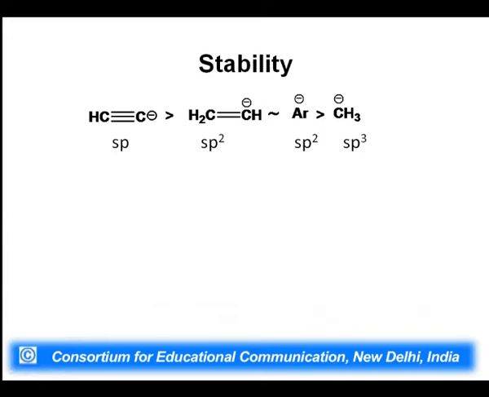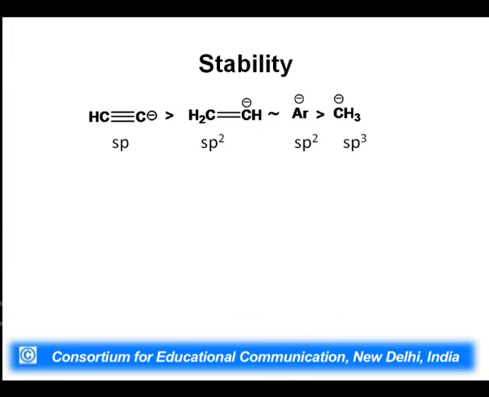So, sp hybridized orbitals are much more electronegative than the sp2 hybridized, which are in turn more electronegative than the sp3 hybridized, because a higher percentage S character means they are nearer to the nucleus. When they are nearer to the nucleus, the electrons are attracted towards the nucleus much more, or they are tightly held by the nucleus.